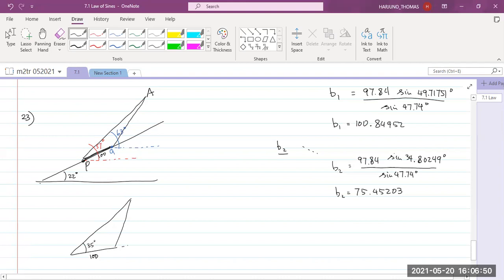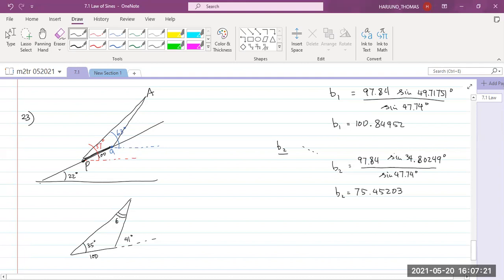And the angle here will be 63 minus 22. That's 41 degrees. Now, can you tell right away what is the angle here? Can I say that's 6 degrees right away?